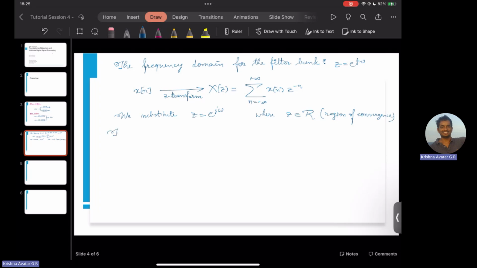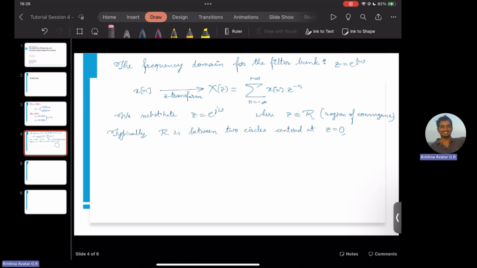Now, typically, R is between two circles centered at Z equal to 0. And this simply says that this is how we want the region of convergence to lie, right?